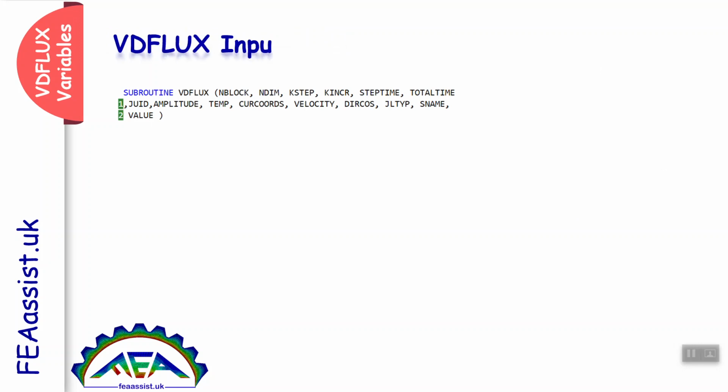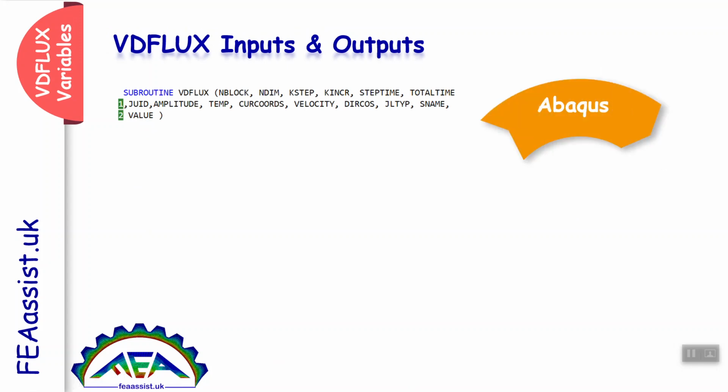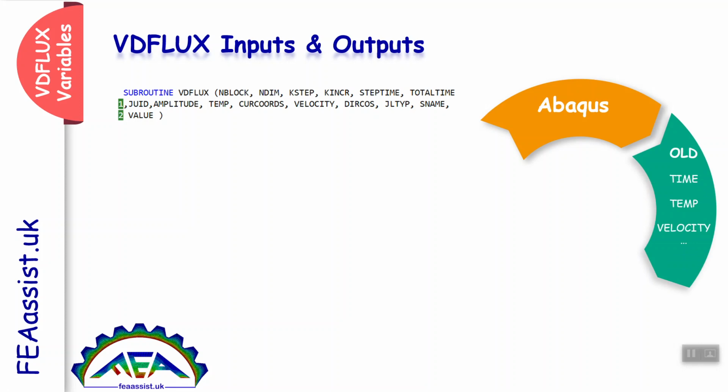VDFLUX variables. VDFLUX has some inputs coming from Abaqus. We need to process them and export the value as an output to Abaqus. In other words, Abaqus computes some variables like temperature, velocity, and time, and these variables are transferred from Abaqus to VDFLUX.